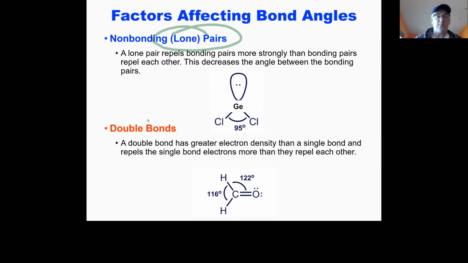Double bonds have more density, as I showed. You basically have twice as many electrons in a similar space. More density, more negative charge. It's going to push things away.